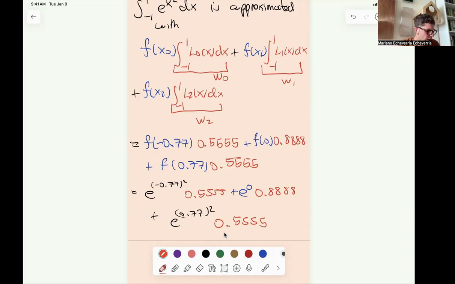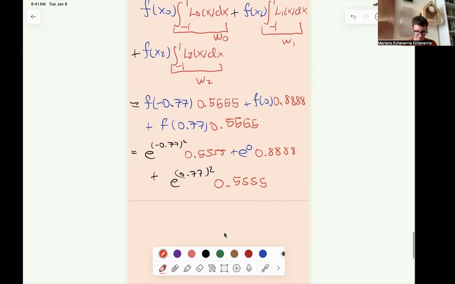If you do all of that, you roughly will get 2.90. Now this is just a question about plugging in.